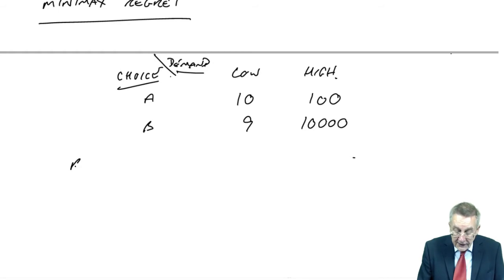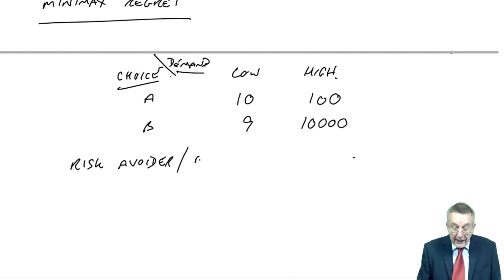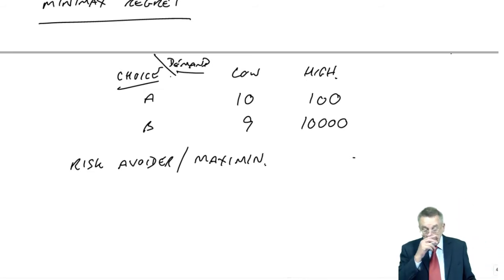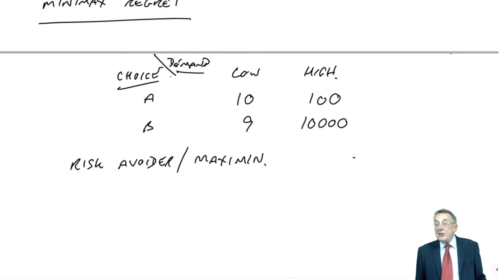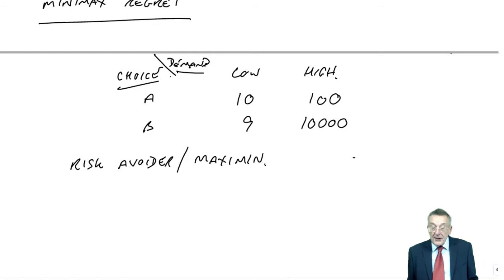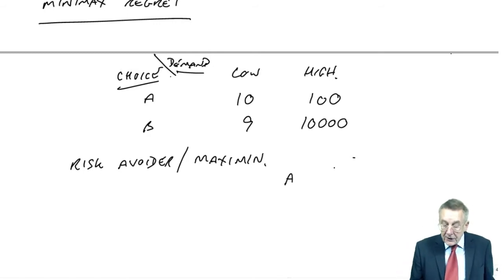And suppose we're a risk avoider, and therefore we're using the Maximin criteria. Well, using the Maximin rule, which one would you choose? Remember, with Maximin, you say, what's the worst outcome in each case?